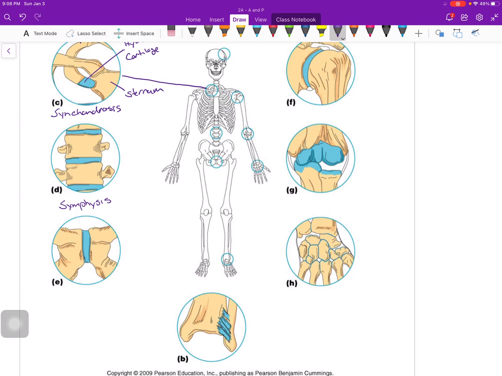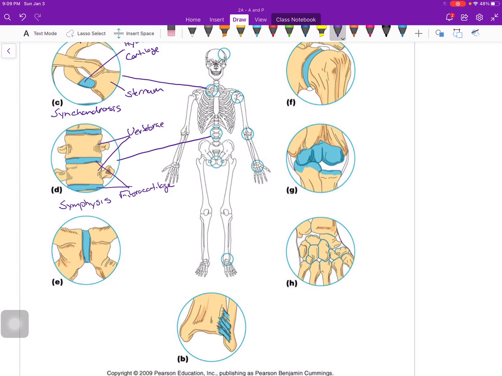As you can see here and here, we have our vertebra. And we're seeing that this obviously connects to there. And you see here and here, we have our fibrocartilage. Because we remember that intervertebral discs are made of fibrocartilage.